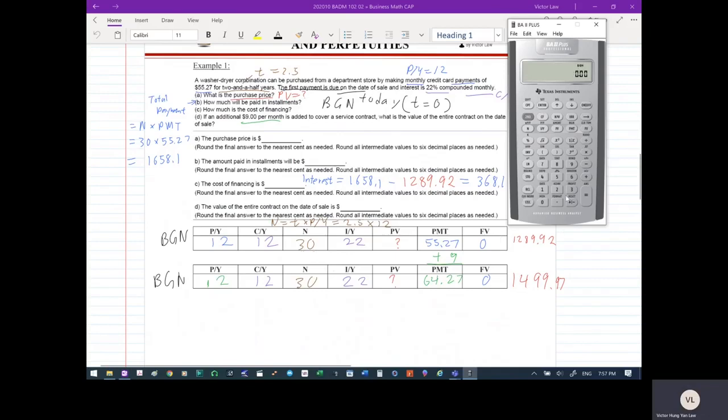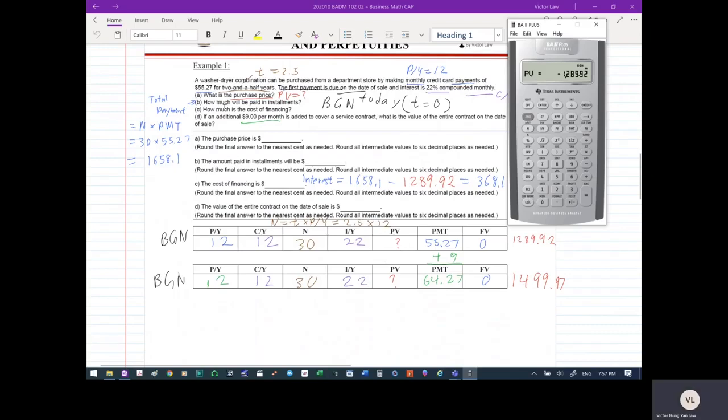Type in 30, press N to set the number of periods to 30. Type 22, press IY, that sets your IY to 22. Then type in 55.27 to set your PMT to 55.27, 0 for future value. Then you compute for PV, and you'll get 1289.92. So that's your answer for part A.